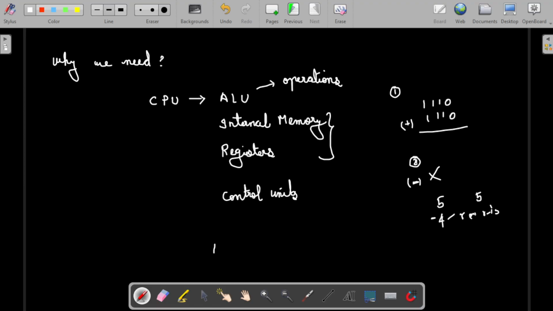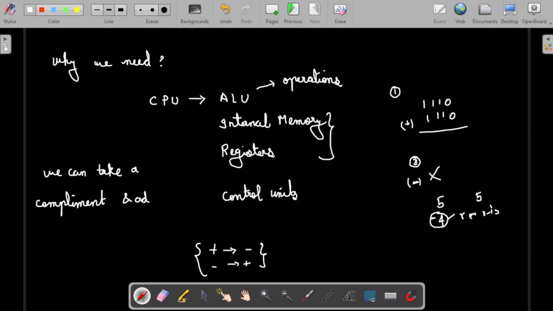Complement means nothing but an exact transition from plus to minus or minus to plus. This is the exact English meaning, right? So instead of subtracting, we can take the complement of the second number and directly add it, because if we take the complement of this number, then the sign will be reversed.